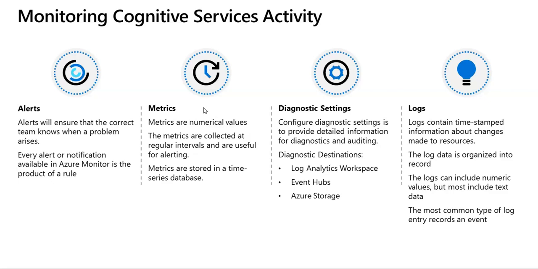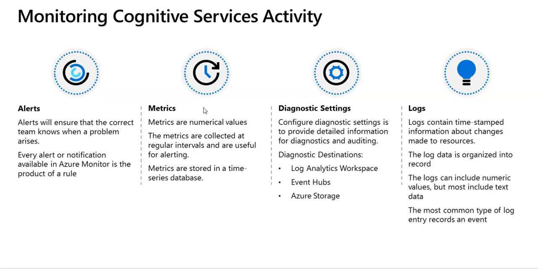So, Microsoft Azure provides a robust alerting and monitoring solution called Azure Monitor. You can use Azure Monitor to configure notifications and alerts for your key systems and applications. These alerts will ensure that the correct team knows when a problem arises.